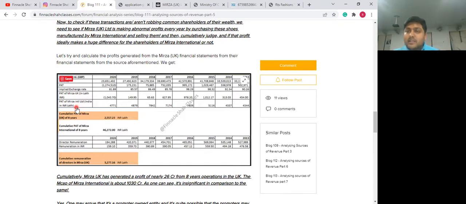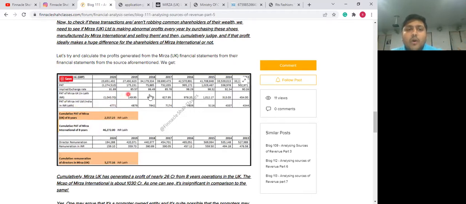Let's do a cumulative analysis, because remember, if Mirza International Limited had a subsidiary based out of UK, how much profit would that subsidiary make, precisely, is what we are trying to find out. Because if that profit is humongous as compared to the overall profit of the business, then perhaps we can conclude safely that there has been significant wealth robbing by the promoters. So let's find out before we jump to any conclusions.